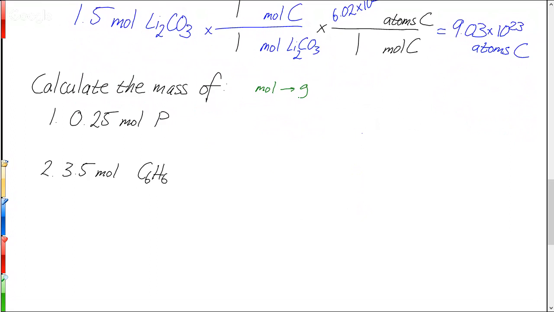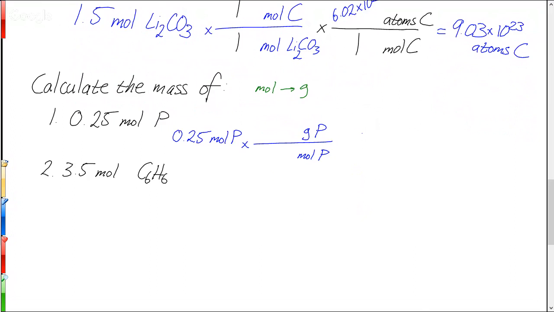So for the first one, we would say, all right, 0.25 moles of phosphorus. And I want to go from moles of phosphorus to grams of phosphorus. So then I need a quantity that tells us how many grams of phosphorus are in a certain number of moles, and I get that from the periodic table.